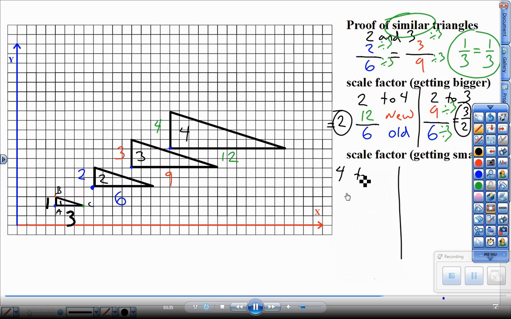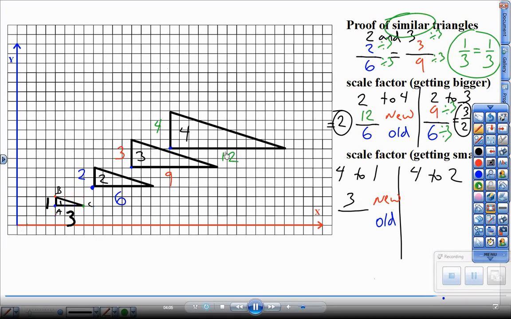If I go down from 4 to 1, shrinking, going down, 4 to 1. Again, it's the new divided by the old. So if I'm going down from 4 to 1, using these same lengths, I'm going down from 12 down to 3. So the new length is 3. From 12 shrinking down to 3. I put that 3 on top because that's the new length when it's shrunk down from 4 to 1.